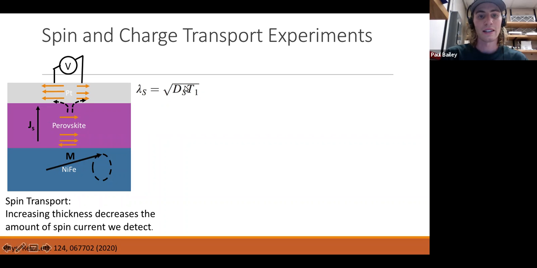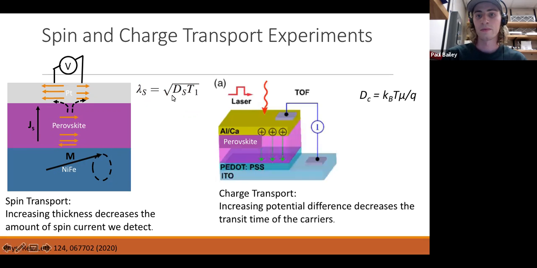And we can actually get the spin diffusion coefficient after we get a relaxation time, which would be done with a collaborator or through some other experiment that's still to be decided. But the spin diffusion coefficient essentially tells you how well spins can travel in your material.